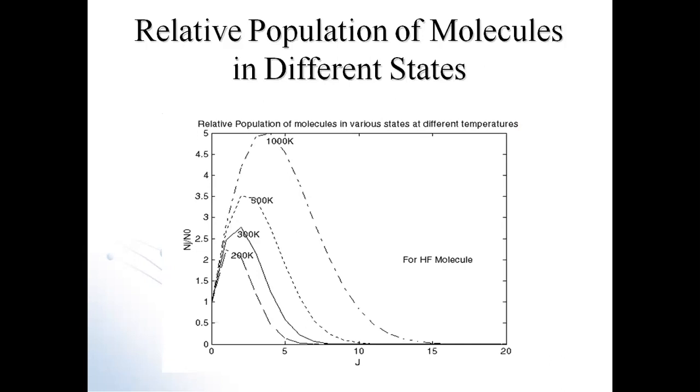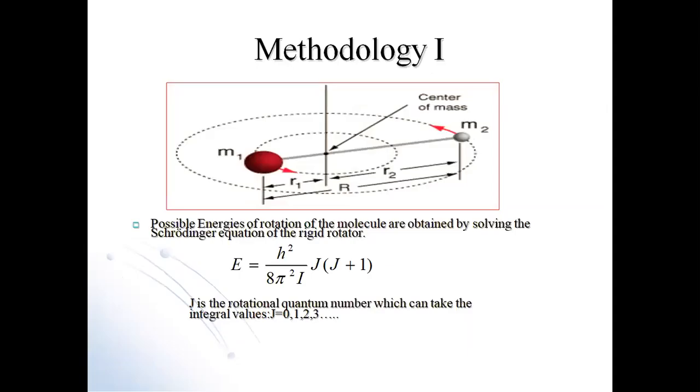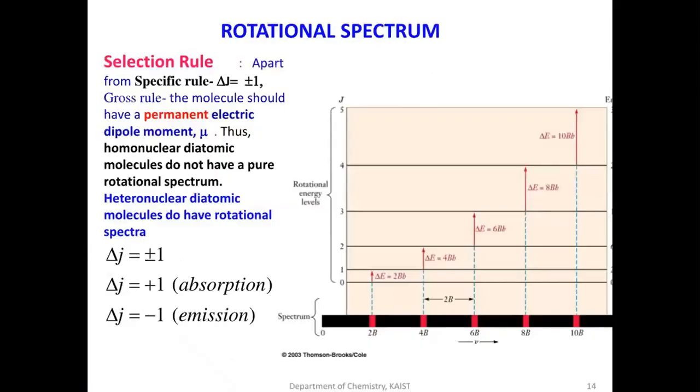Thermal energy is of the order of kT, and you see that when you look at the graph here, the spacing between the rotational levels is almost 2B, 0 to 1.